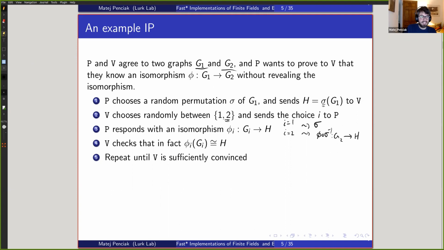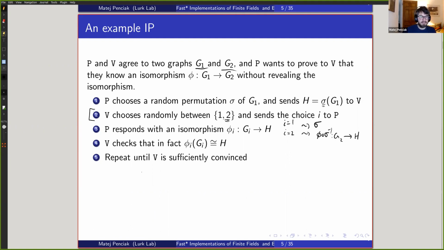But the fact that in step 2 the verifier is choosing a random number between 1 and 2 means that the prover is kind of always on his toes. They're not totally sure: if the verifier chooses 1 and I've chosen to send graph G1 in step 1, or if the verifier chooses 2 and I've chosen to send graph G1 in step 1, then I'm going to have an issue supplying this isomorphism from Gi to H if I don't actually know the isomorphism between G1 and G2.